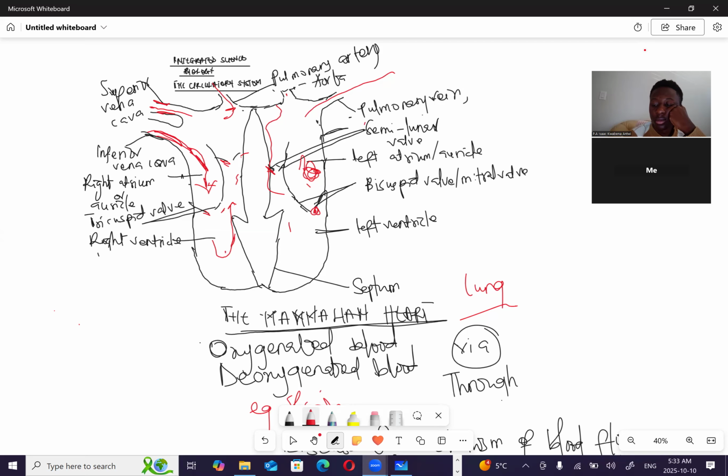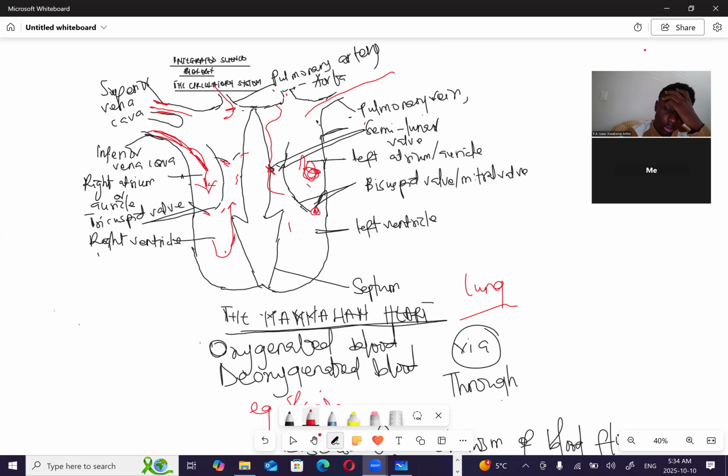So the bicuspid valve opens. After oxygenation, the blood containing oxygen gets back into the heart through the pulmonary vein to the left atrium.